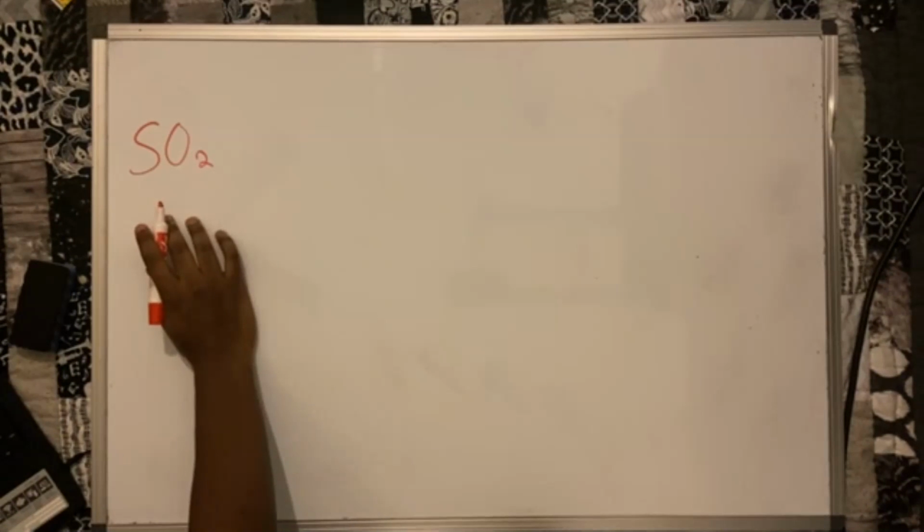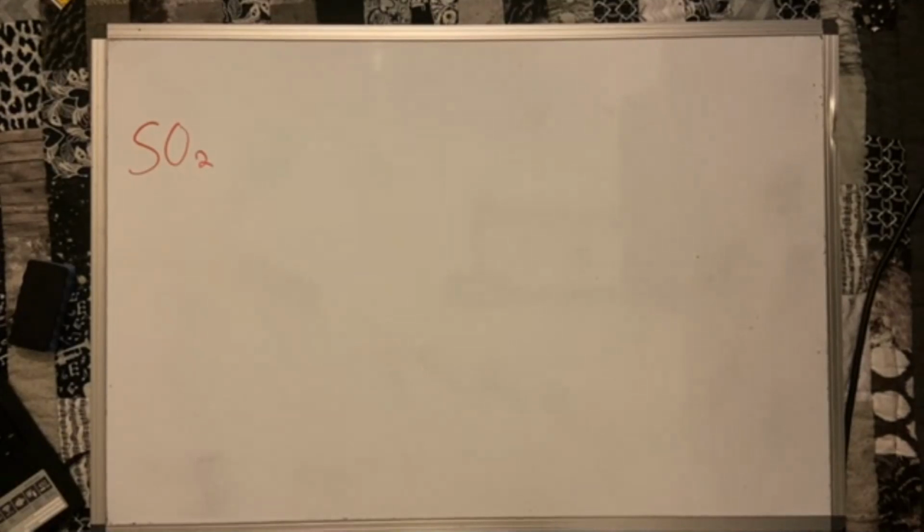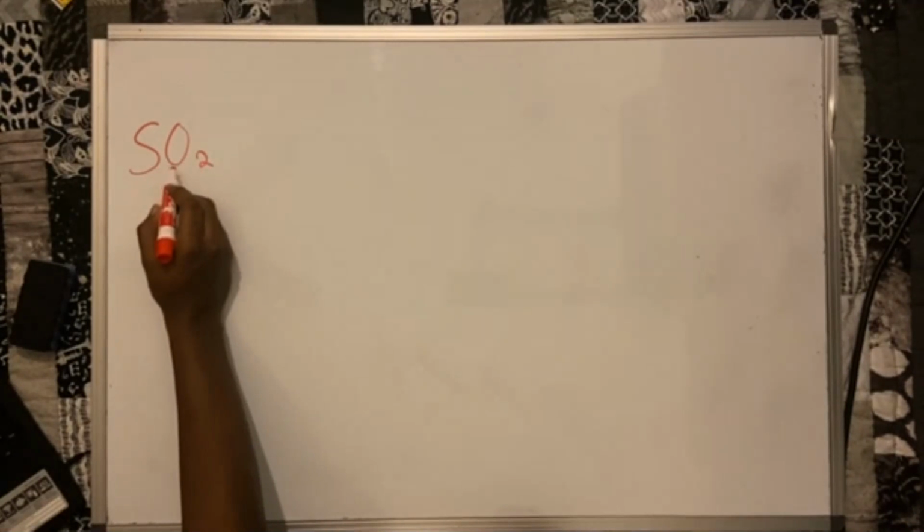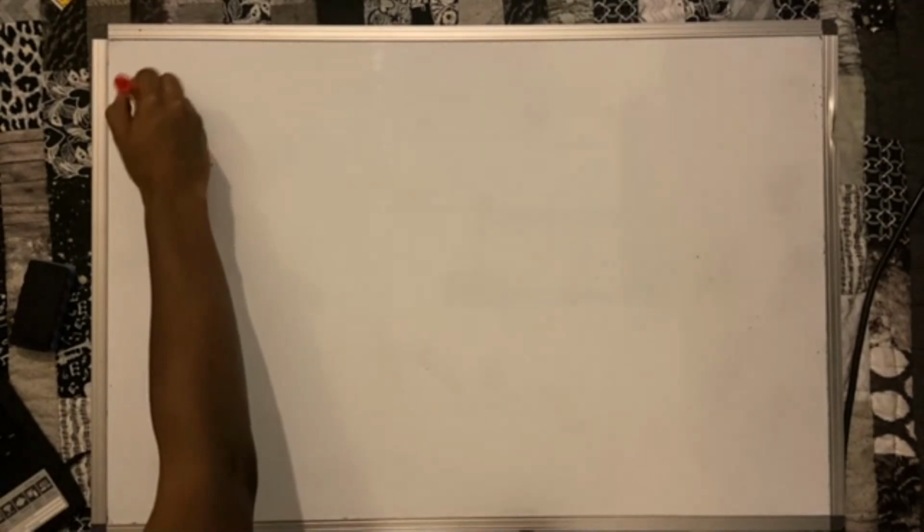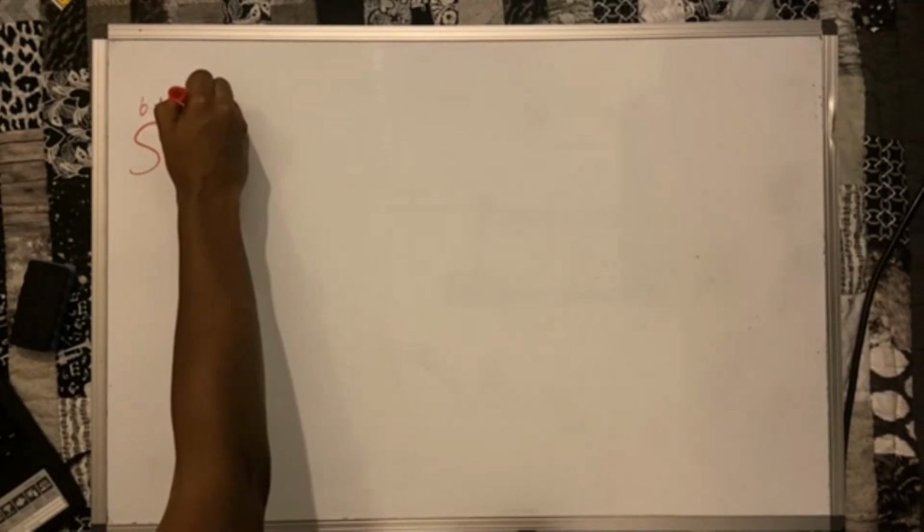We'll do SO2. Drawing this, the first thing I want to know is how many valence electrons it has. Both of them have 6 valence electrons, so there's 6 here, plus 2 times 6.